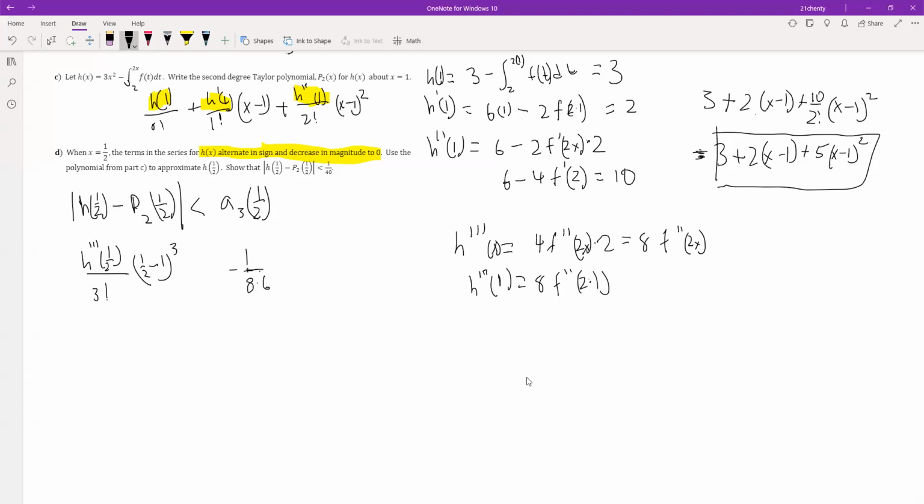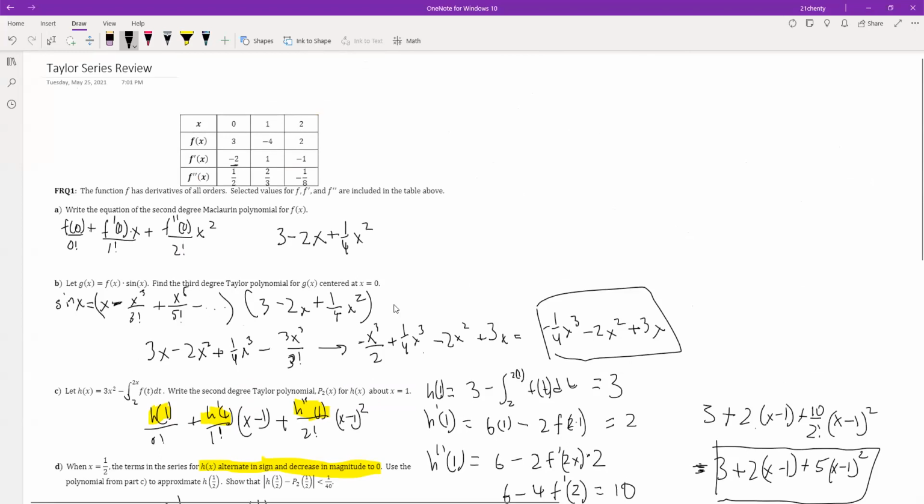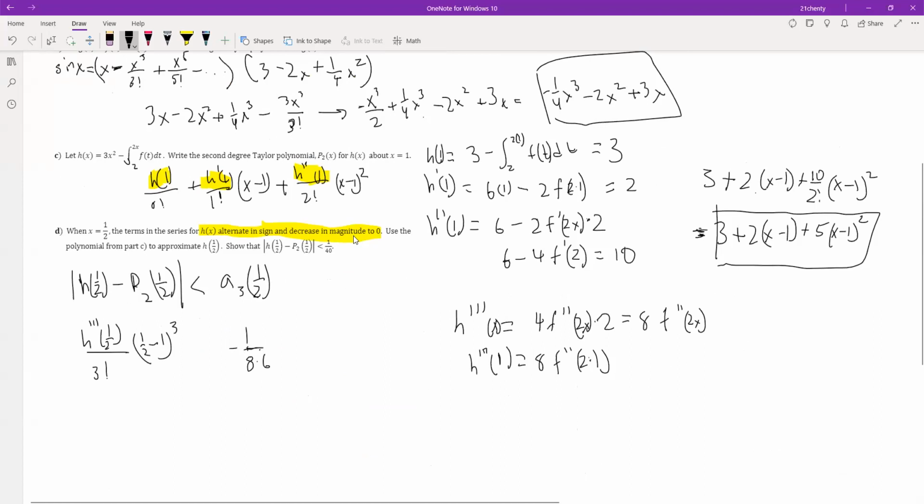So f double prime of 2 is, let me see, yeah, f double prime of 2 is negative 1/8. And we are multiplying that by, oh wait, this is negative, there we go, by negative 8. So this equals 1. So we are left with 1 over 8 times 6 times 1, which the absolute value of this, because it's error, equals 1 over 48. And 1 over 48 is less than 1 over 40.